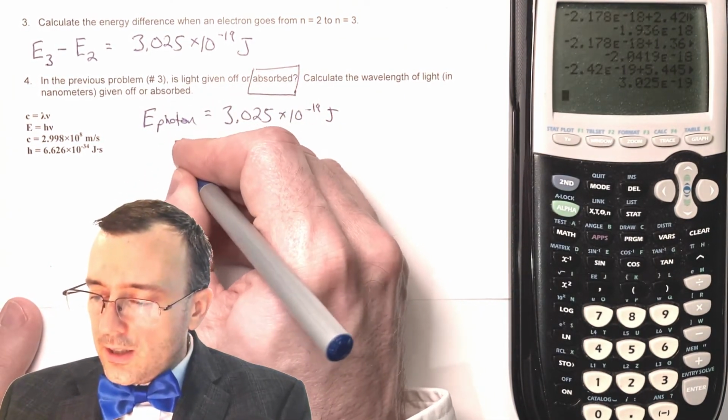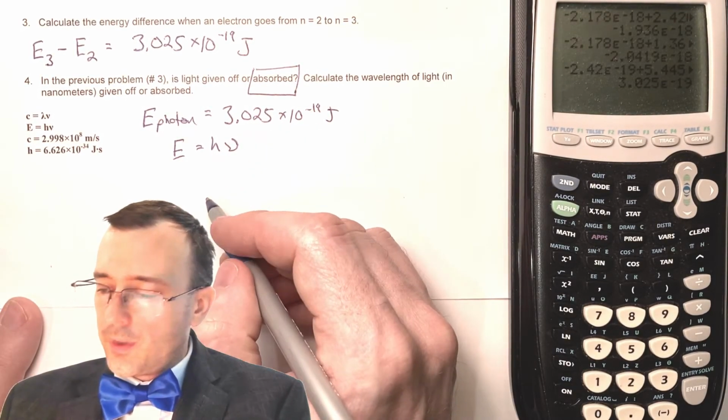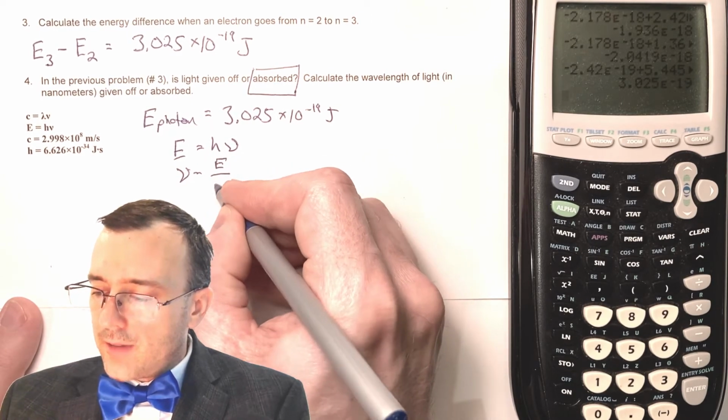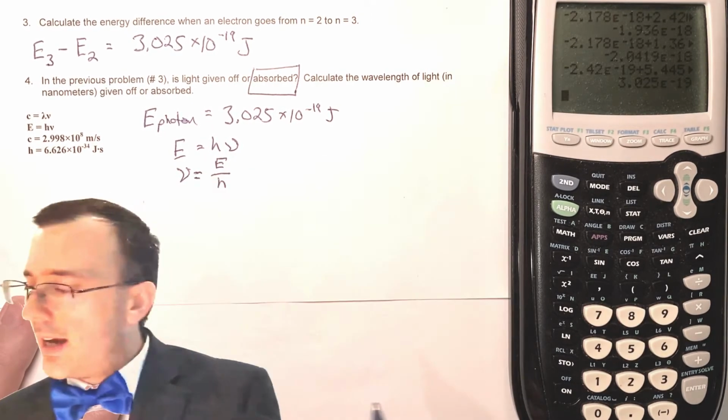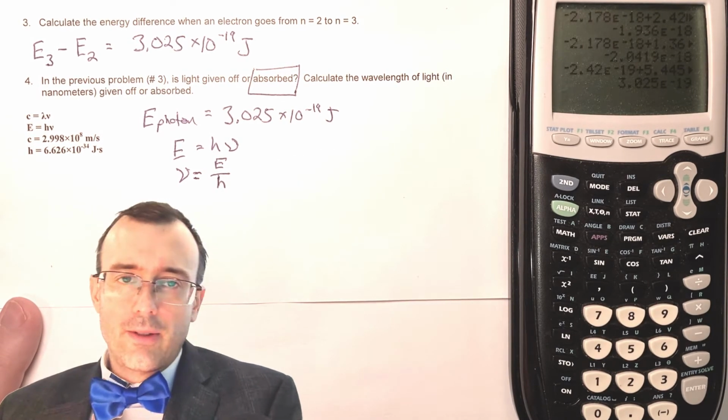So we have E equals h nu. We want to calculate the frequency, which means the frequency is going to be E divided by h. I already have h stored in my calculator, which I recommend you doing. It's going to save you some time.